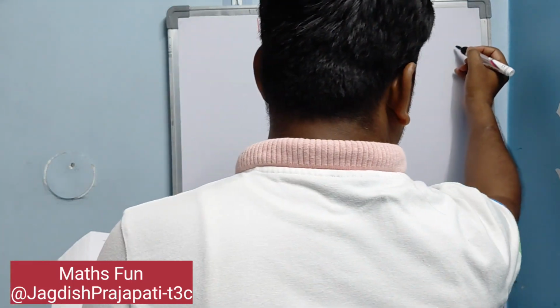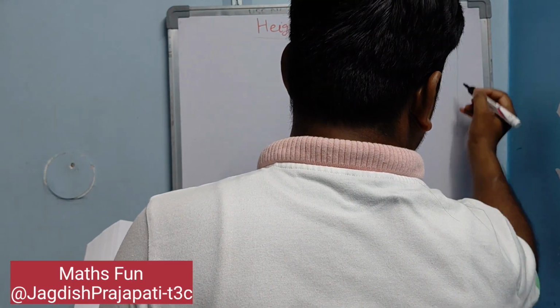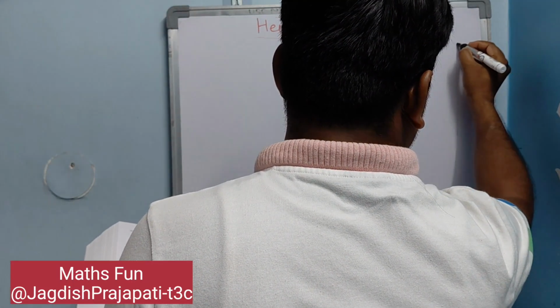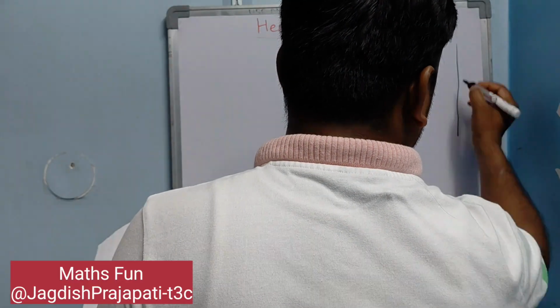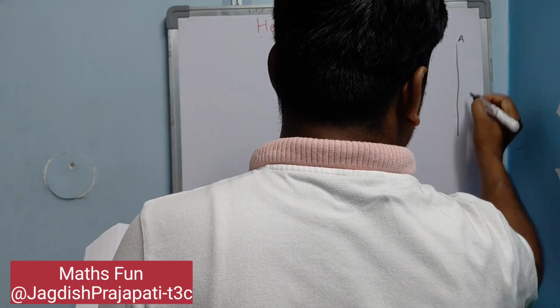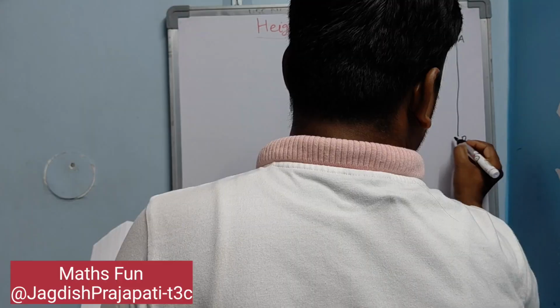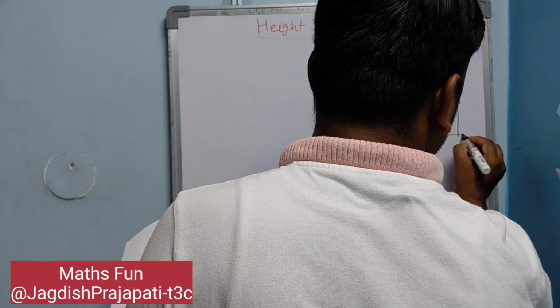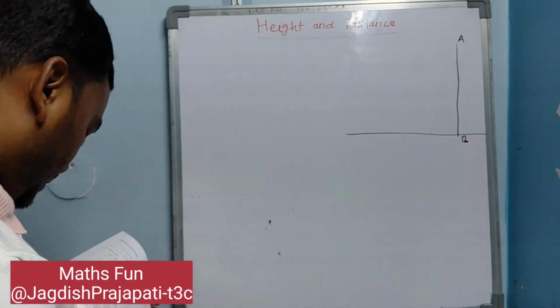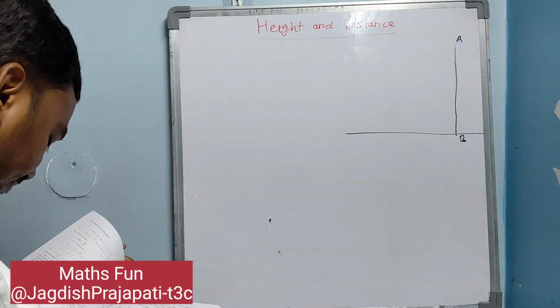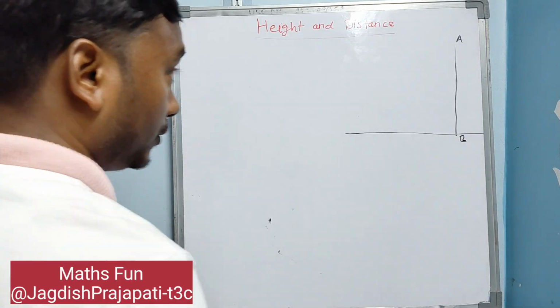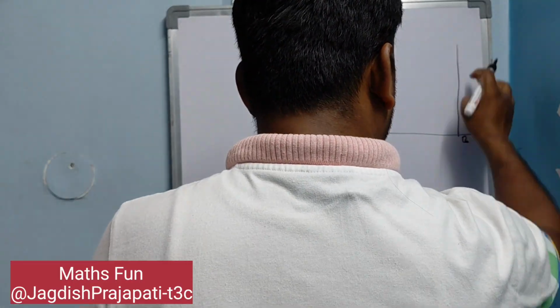So suppose this is a tower. No, we can't assume it AB.